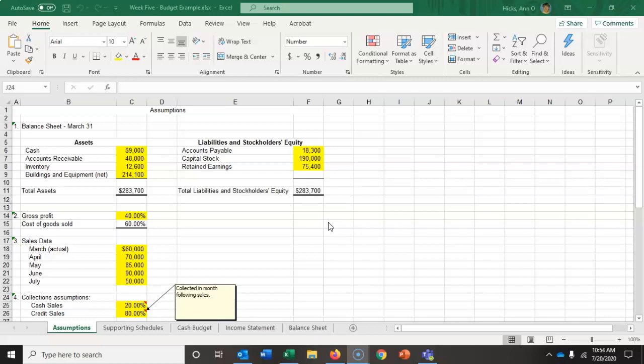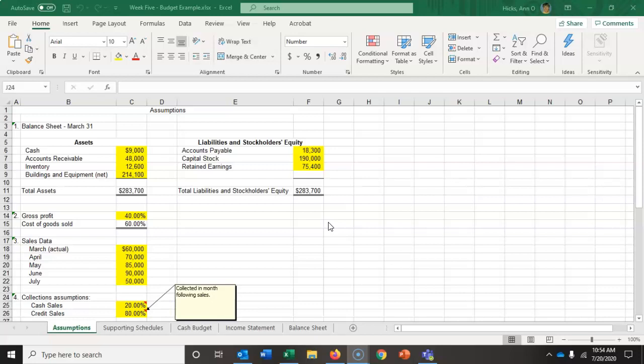A master budget is going to incorporate several things. It will certainly incorporate the assumptions. You can't review, you can't implement, or even assess your budget unless you know what assumptions went into it. Then we're going to have some supporting schedules that feed into our end product, if you will, and that end product consists of 3 documents.